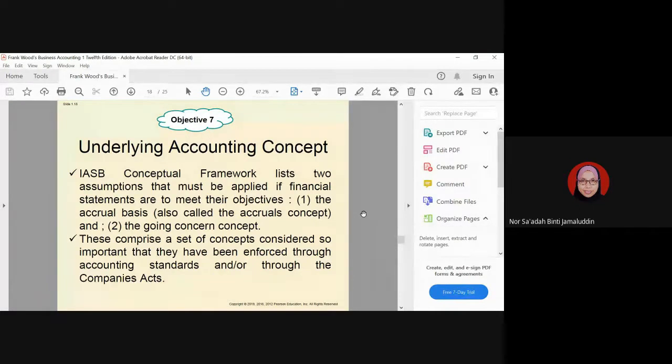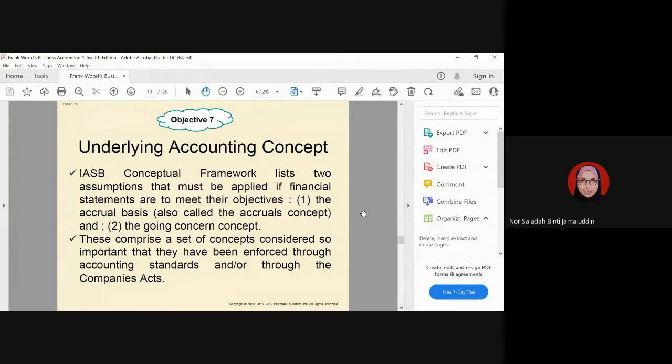Okay, these comprise a set of concepts considered so important that they have been enforced through accounting standards and or through the Companies Act. Okay, accounting concept ni, in term of accounting concept, the question can ask you what are the accounting concepts under the accounting standard and what are the accounting concepts listed in the Companies Act.